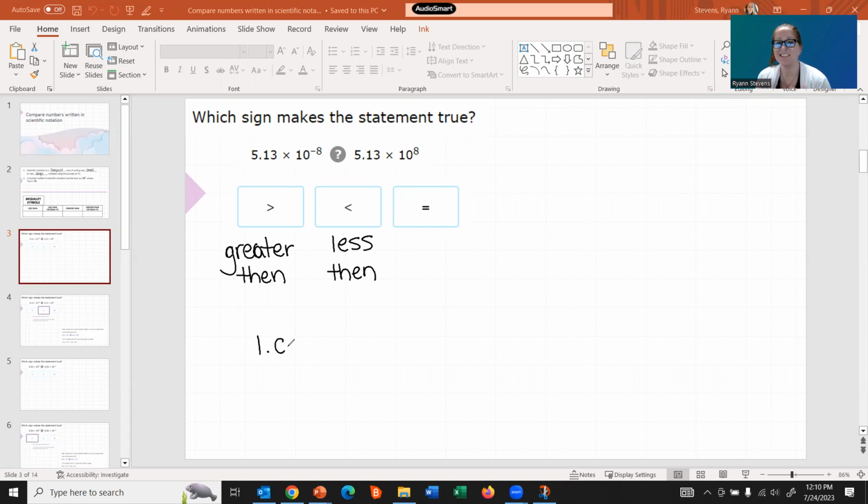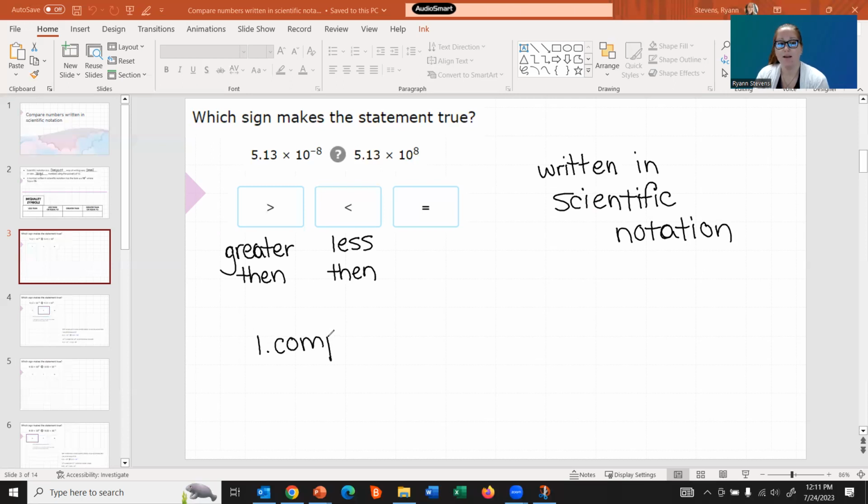So in this case, when we look at this question, they are both written in scientific notation. So they are both written in scientific notation, which is going to tell us that what we need to start with is just comparing those powers of 10. So first we're going to compare powers of 10.